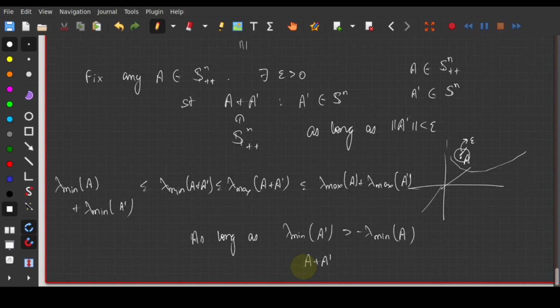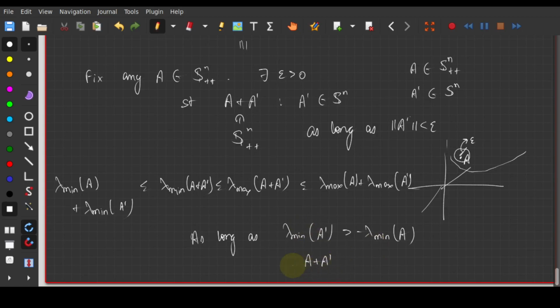Okay, that's again true only for positive semi-definite, positive definite matrices. You can't say that's true for general symmetric matrices. So if lambda min of A prime is greater than the negative of lambda min of A, what can you say about A plus A prime?